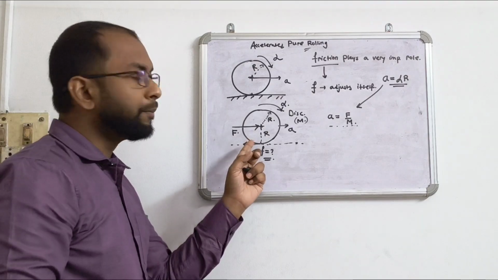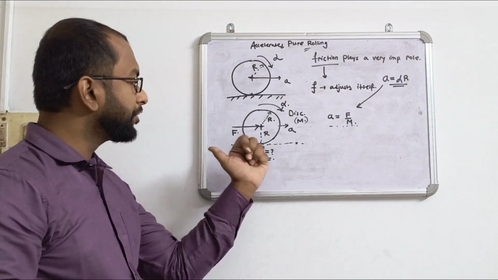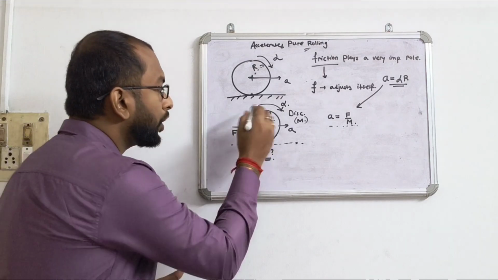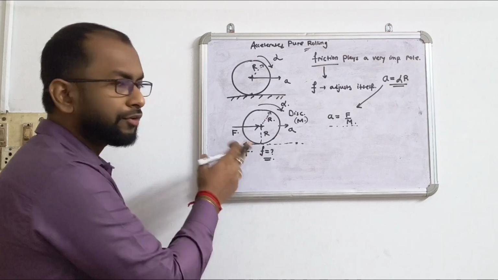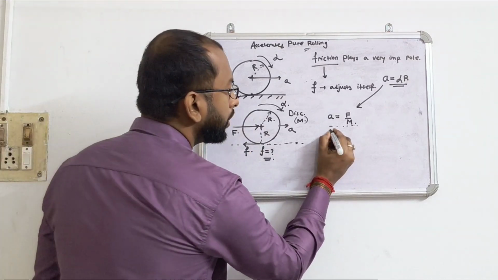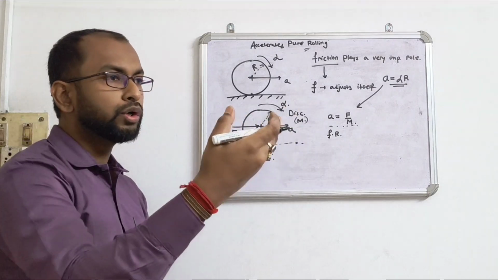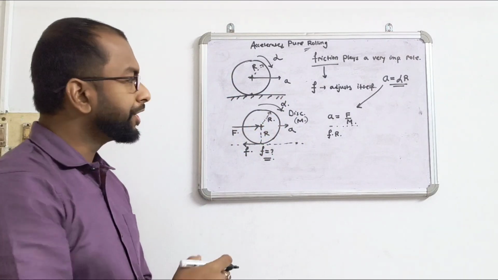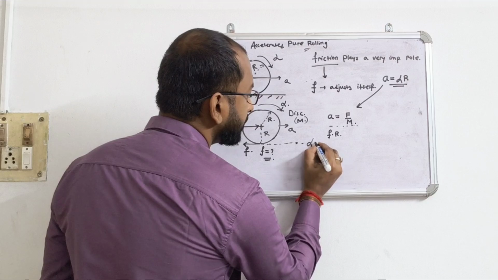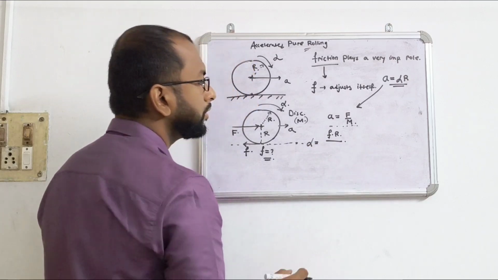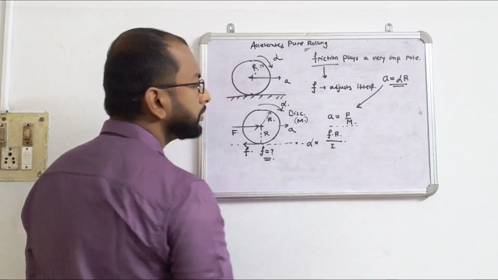Friction will be acting at the point of contact. The clockwise torque is provided due to the friction only. So what is the clockwise torque? f into R. And what is the angular acceleration? Torque by moment of inertia, so alpha equals f R by moment of inertia I.